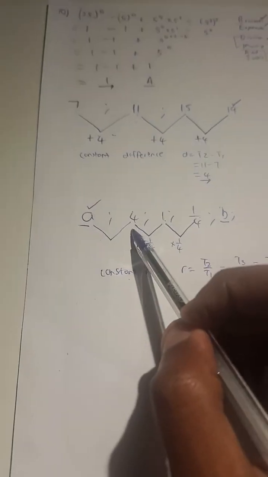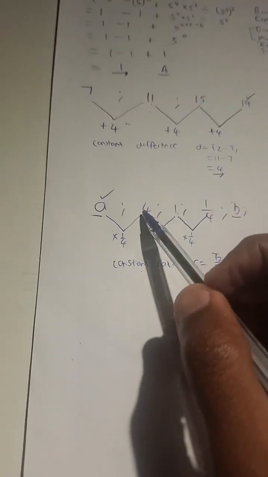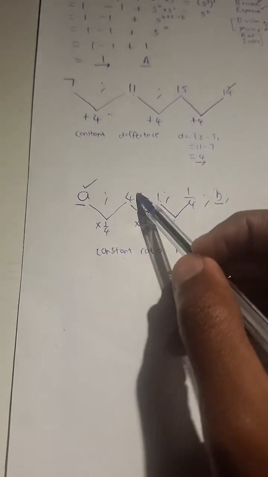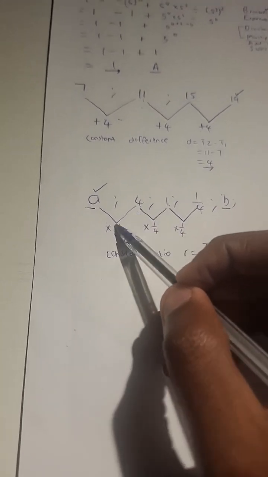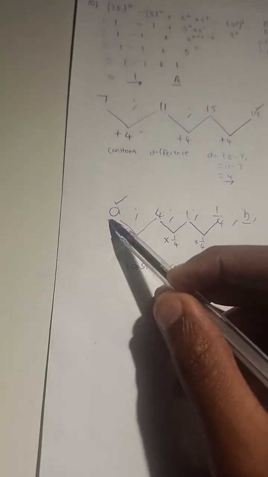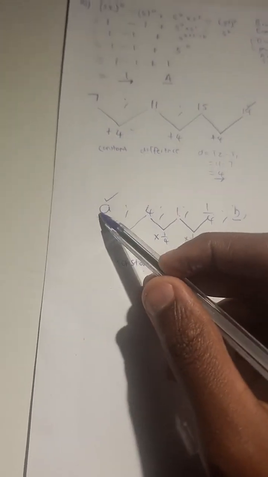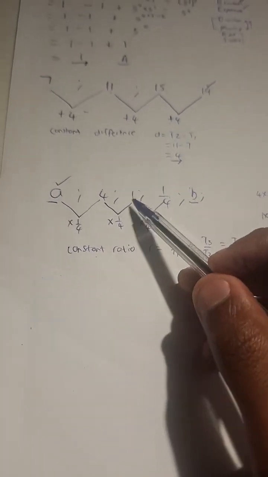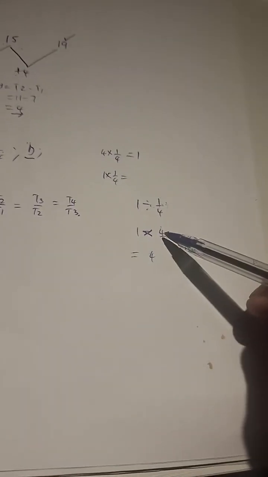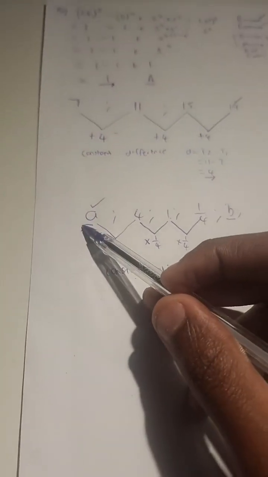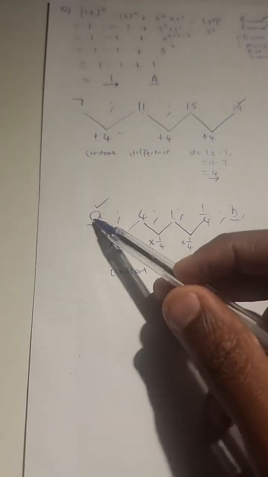We are interested in getting the value of a. So what are we going to do in reverse? We are going to say 4, not times. Remember, when we are going forward, we are multiplying, but when we are going in the opposite direction, we are dividing. So 4 divided by 1 over 4. Just like 1 divided by 1 over 4 gave us 4, now we say 4 divided by 1 over 4 because we are going in the opposite direction.